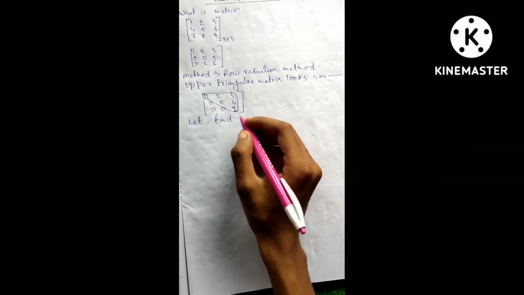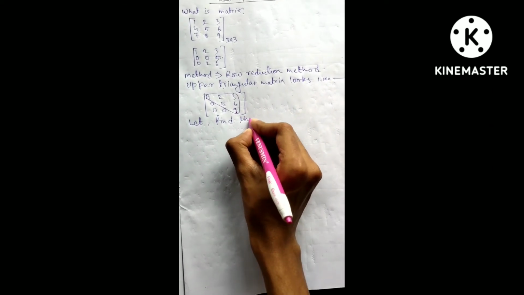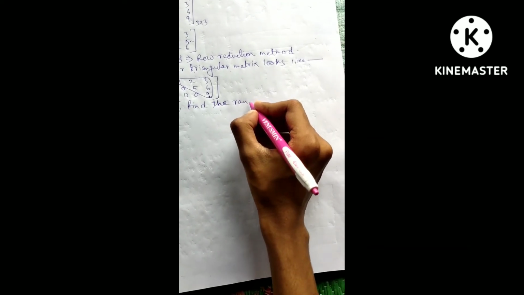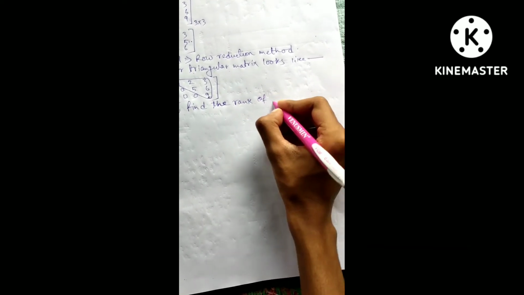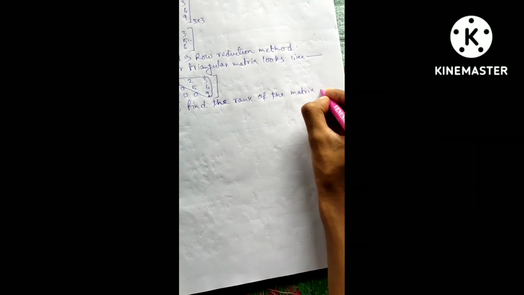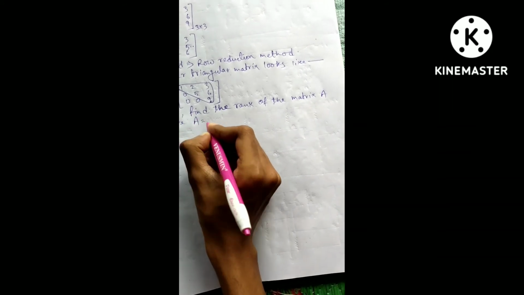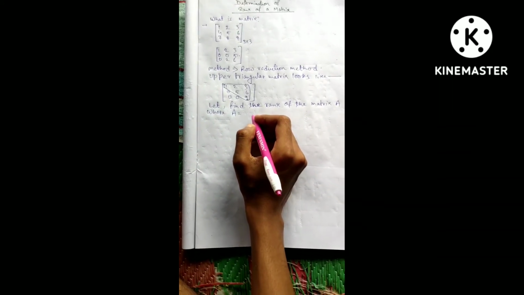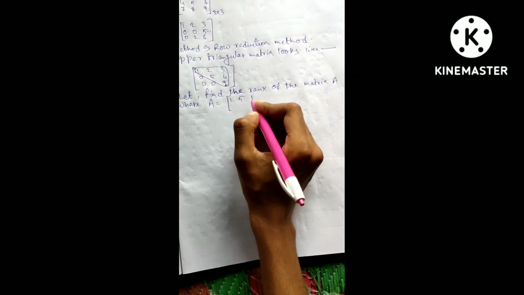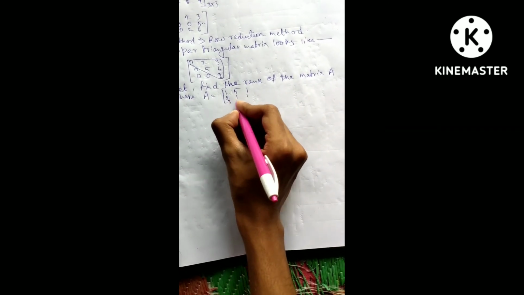Let you have a question: find the rank of the matrix A, where A equals 1 5 1, 2 1 1, 3 6 2.